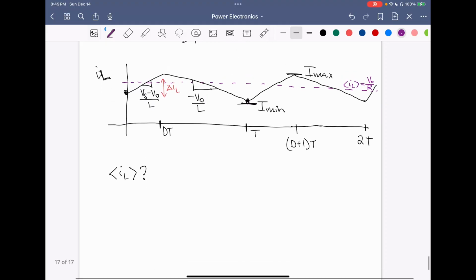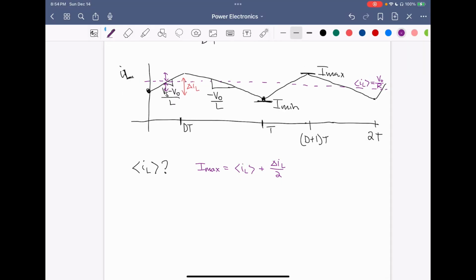So therefore, if we want to find the maximum inductor current, that just equals the average inductor current plus delta IL over 2. Because you can see, we can just break down change in IL into two equivalent parts.